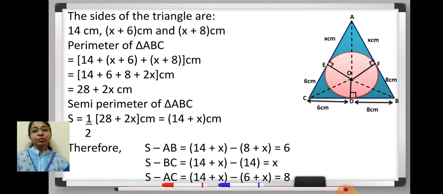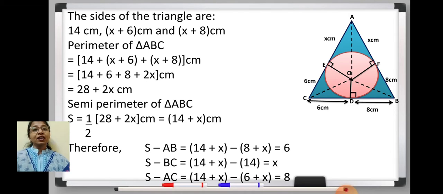So again 14 plus x minus AC length, which is how much? x plus 6. Open the bracket. Plus x minus x cancels. 14 minus 6 is 8. So these three values 6, x and 8 are S minus A, S minus B and S minus C.